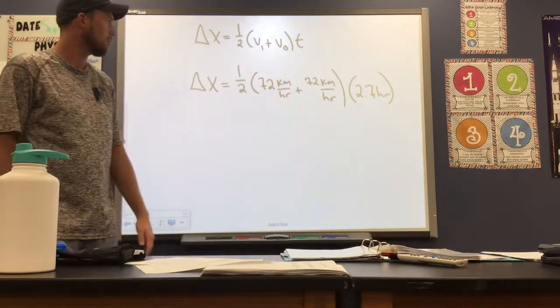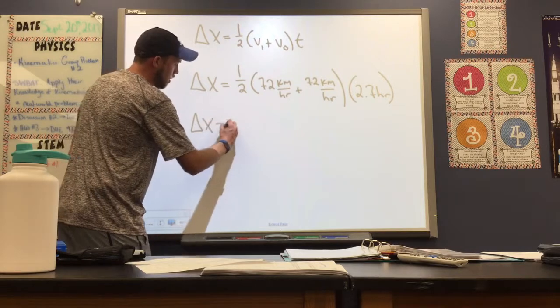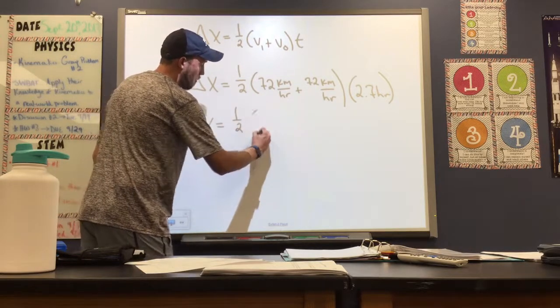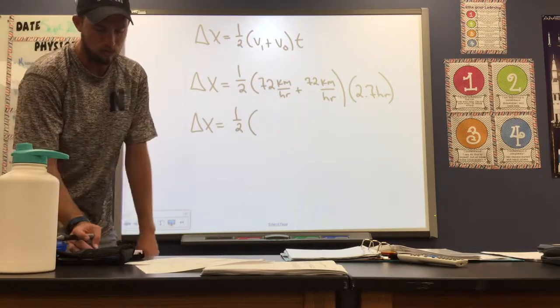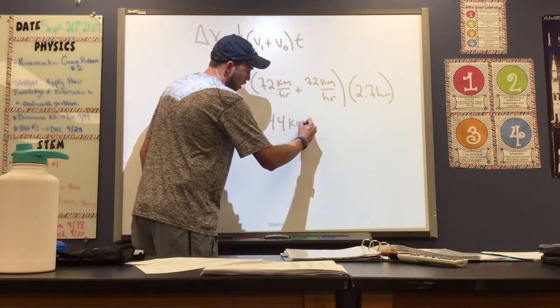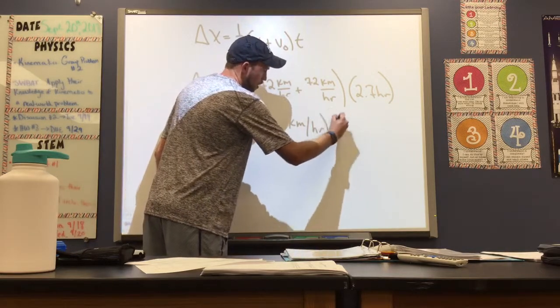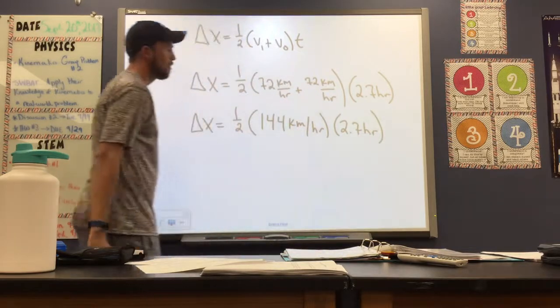It's all in hours. So what I'm going to do now is simplify my equation down a little bit. I'll take 1/2, and add what's inside my parentheses. So 72 and 72 will give me 144 kilometers per hour. And then I'll multiply by 2.7 hours.